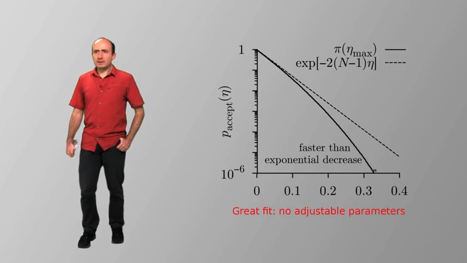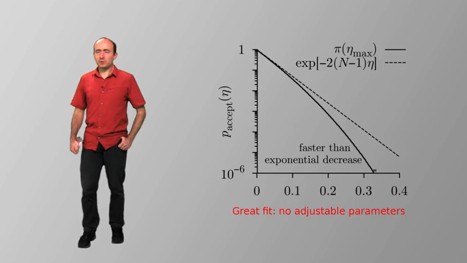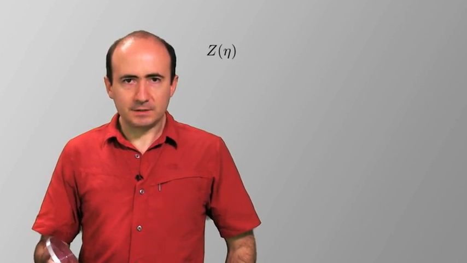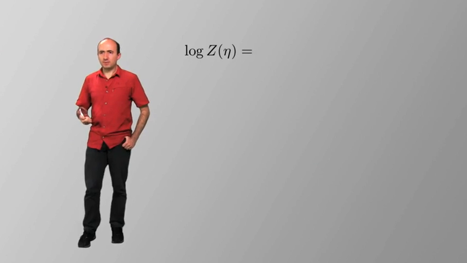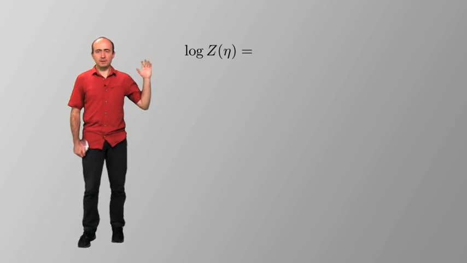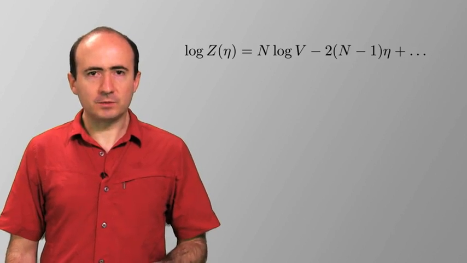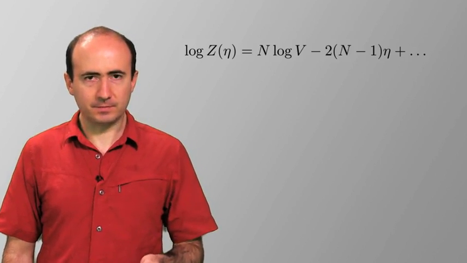Let's now remark that the partition function is proportional to v to the power n. To obtain an extensive quantity, in physics we take the logarithm of this quantity and you obtain the following result. Let us now explain why it corresponds to a virial expansion.